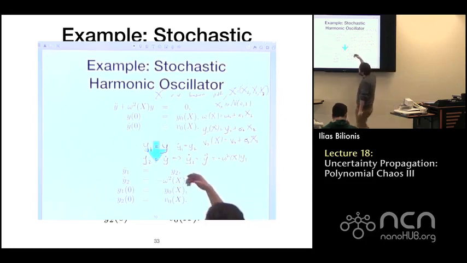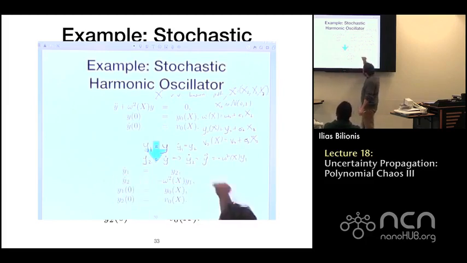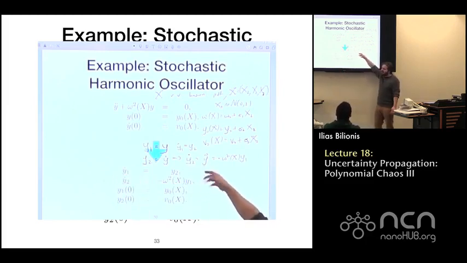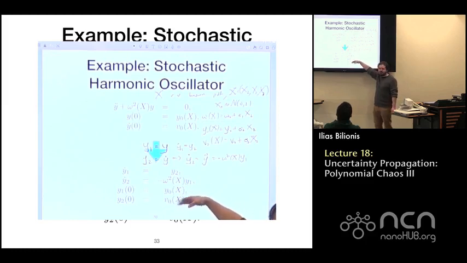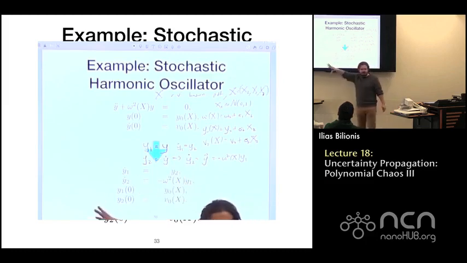The first component gives you y, the second component gives you y dot. But it is a second order dynamical system, so you need two initial conditions: one initial condition for y1 and one for y2, and here they are. Now let's propagate uncertainties through this.